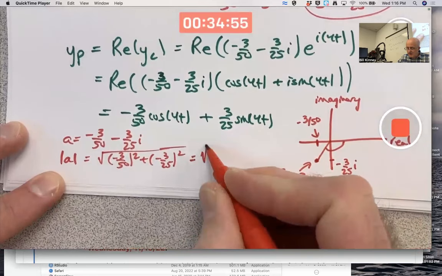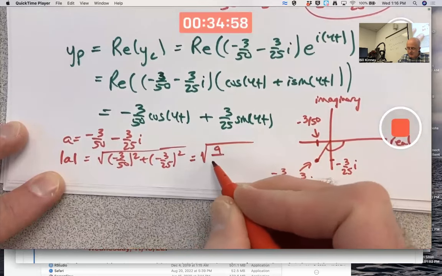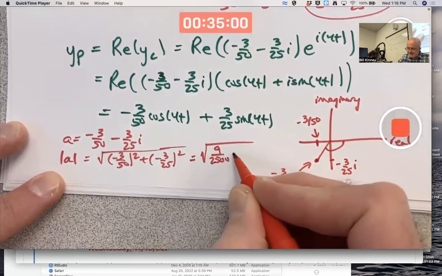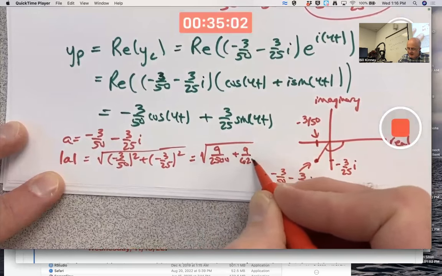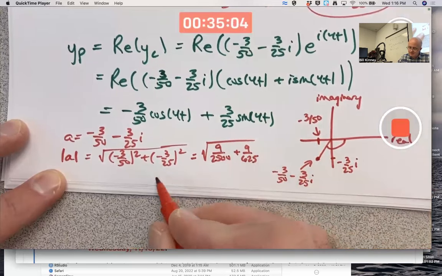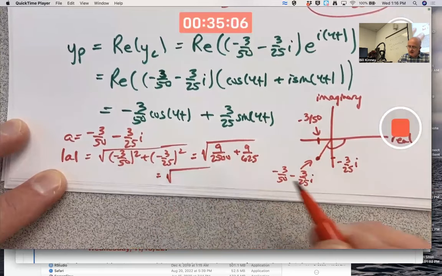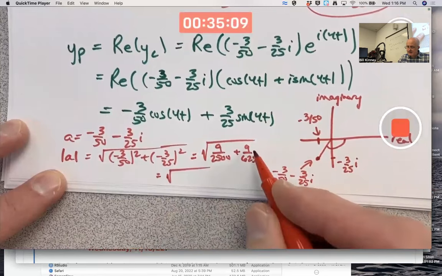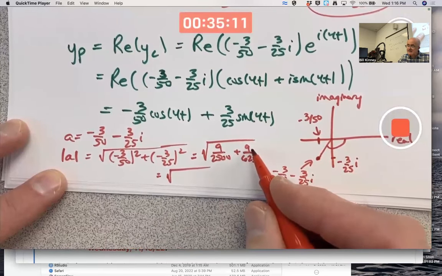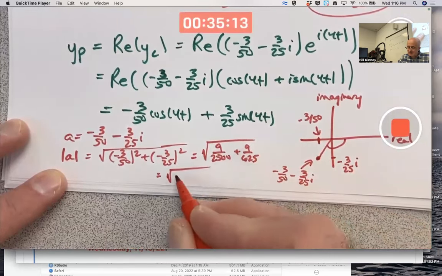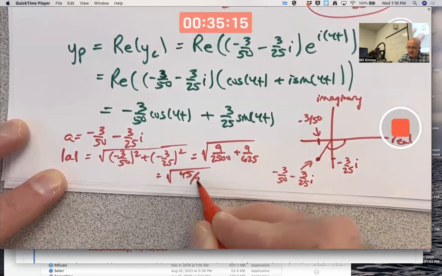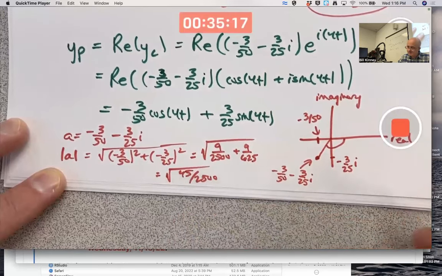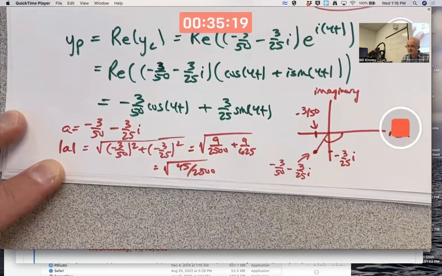That gives you square root of 9 over 2500 plus 9 over 625. A common denominator of 2500 is going to make a 36 there, right? 36 plus 9 is 45 over 2500.